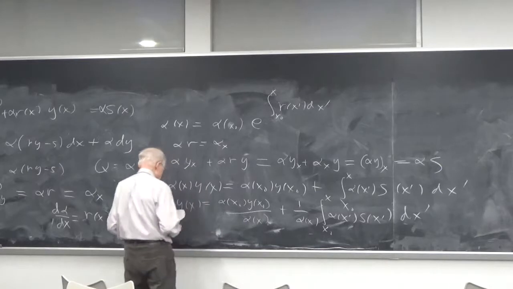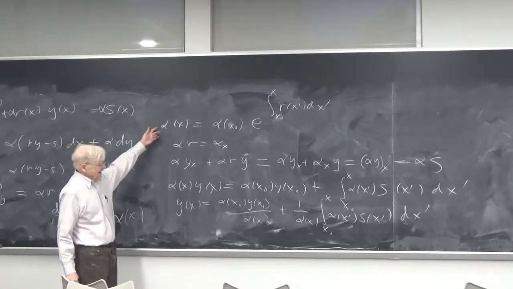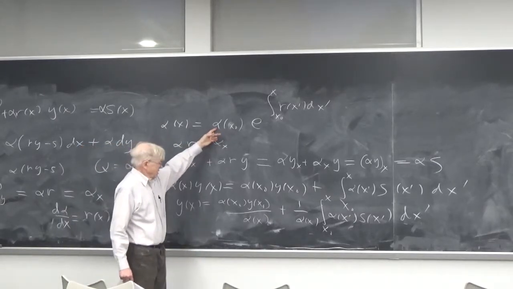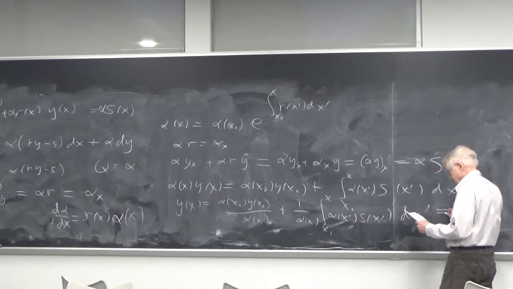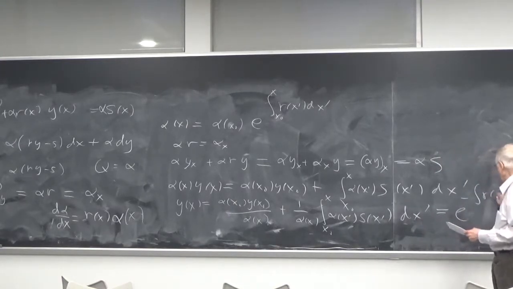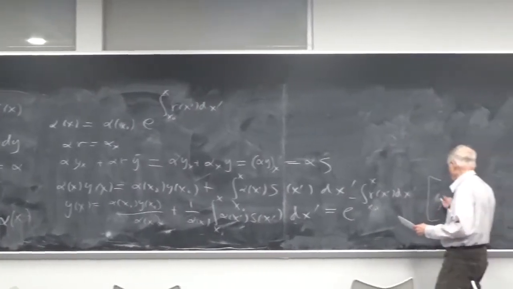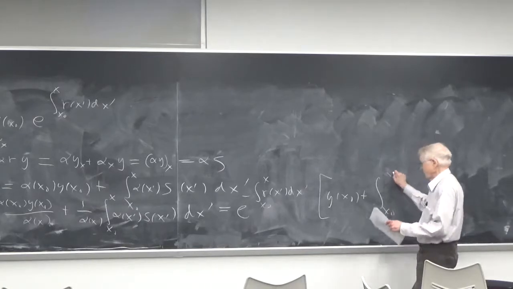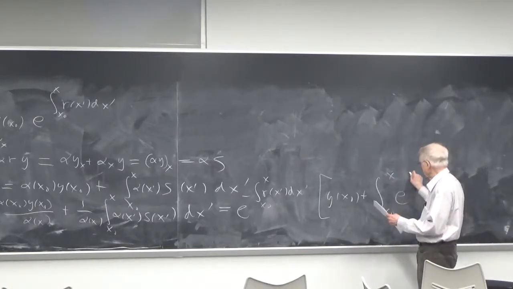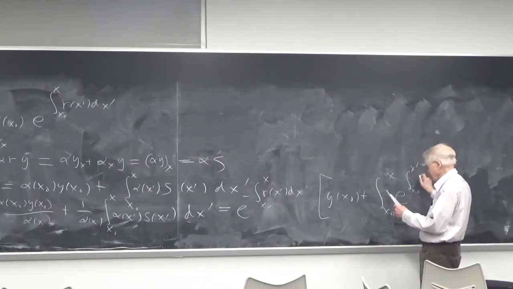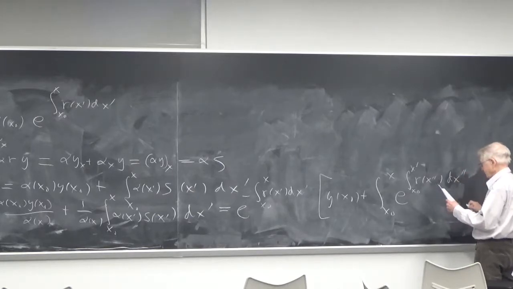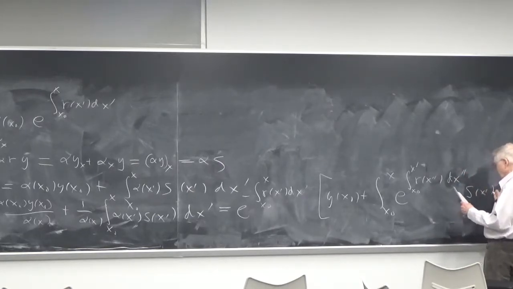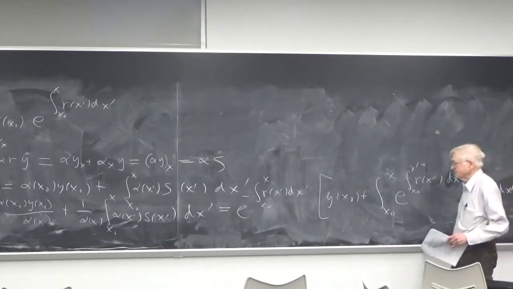And here the function alpha is this exponential given in terms of alpha of x0, and another way of writing that then is that this is equal to e to the minus integral r of x prime dx prime from x0 to x, all that times y of x0 plus an integral x0 to x of an exponential in here, which was x0 to x prime, r of x double prime, dx double prime, and then s of x prime, dx prime, close parentheses.